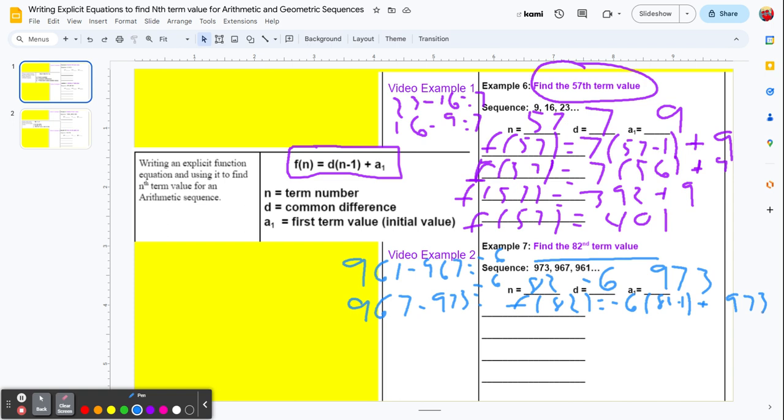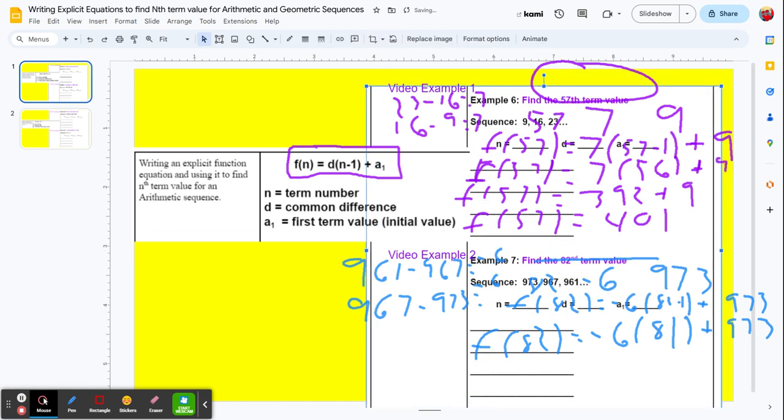Now we get f of 82 equals negative 6 times 81 plus 973. I'll use a calculator on this one.